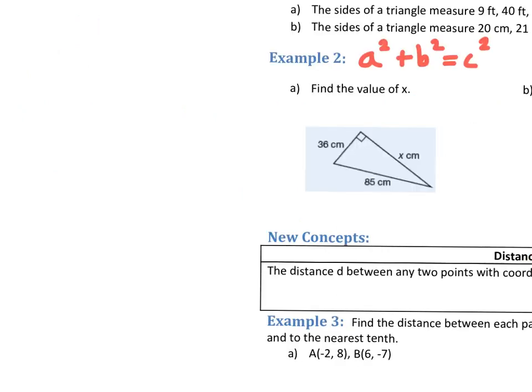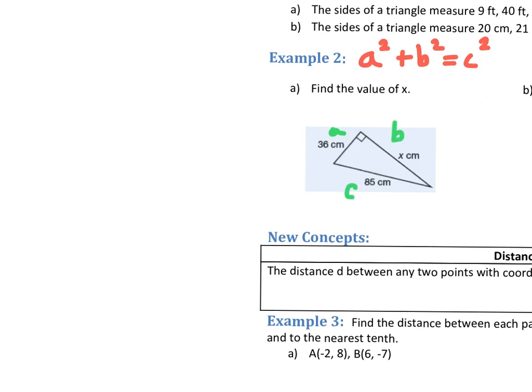In problem 3, we'll use the Pythagorean theorem to find missing values. In right triangles, if you know two sides but not the third side, you can always use the Pythagorean theorem to find the missing side. As we look at our triangle, the first thing we want to identify is the legs. You have a leg a, you have a leg b, and then you have the hypotenuse c.